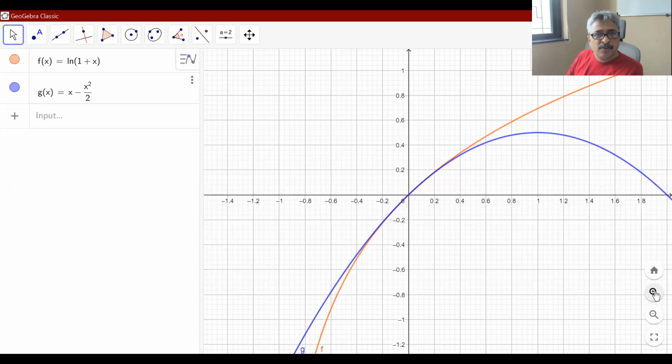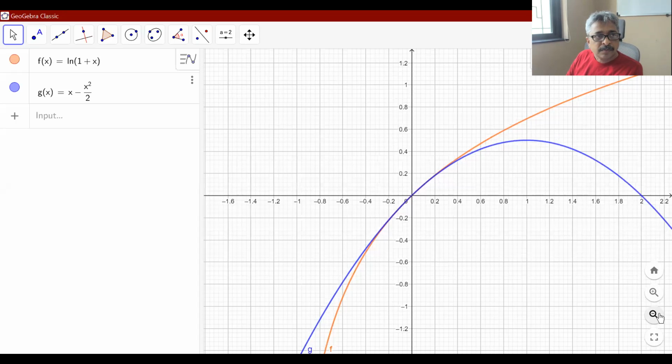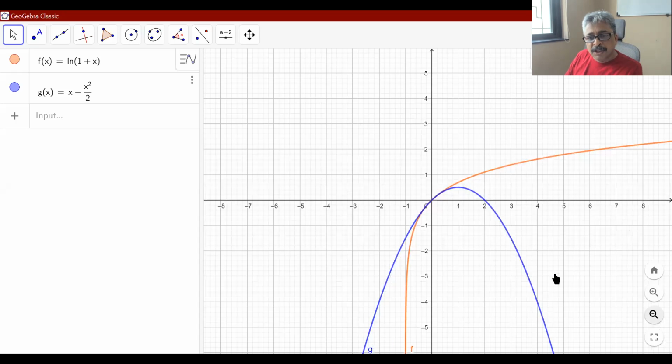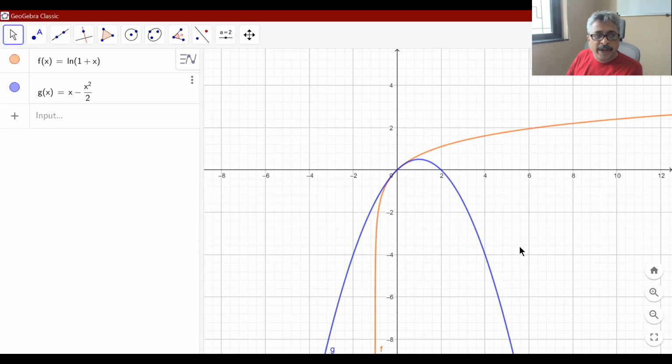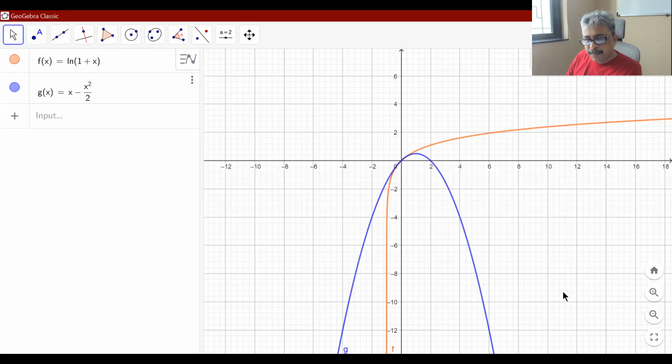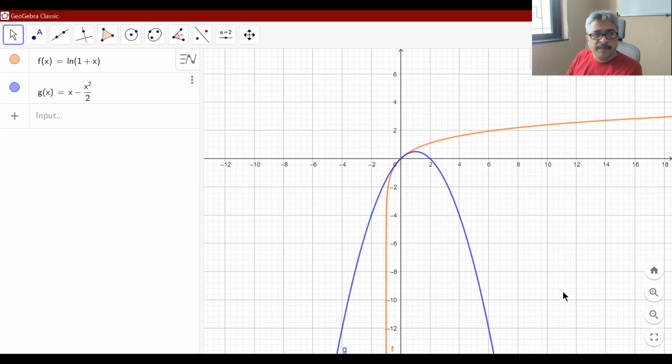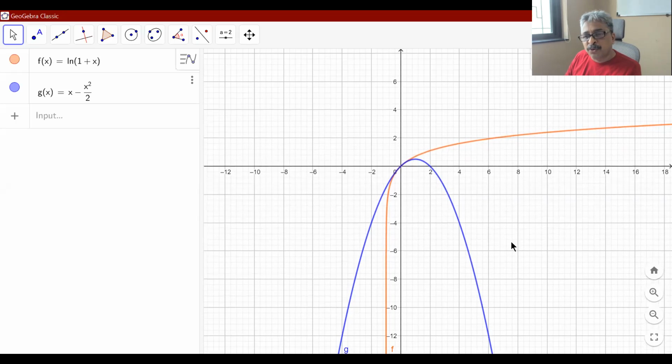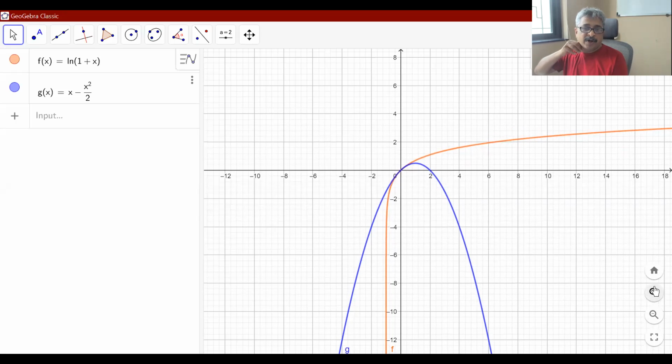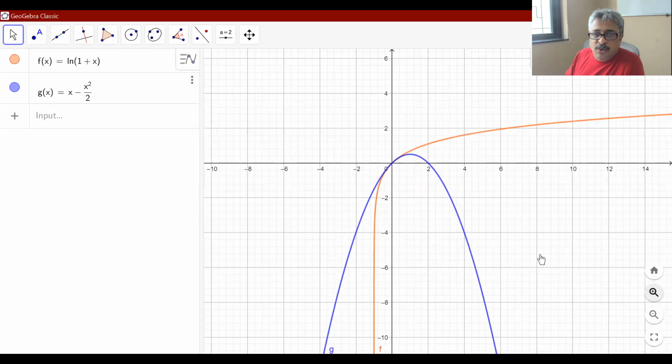And zoom out, Pranav, please zoom out. It's a parabola opening down. We know x minus x square by 2 is a parabola opening down, so it will take its shape.